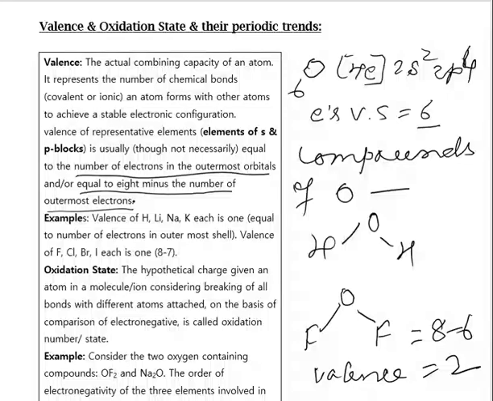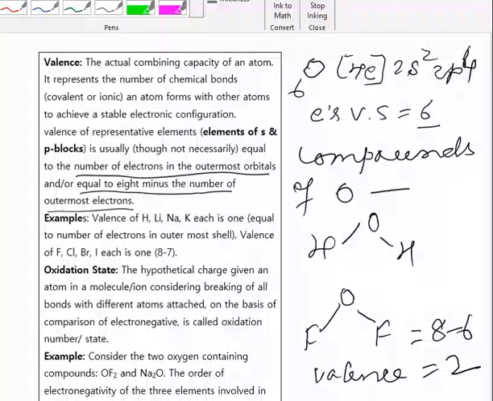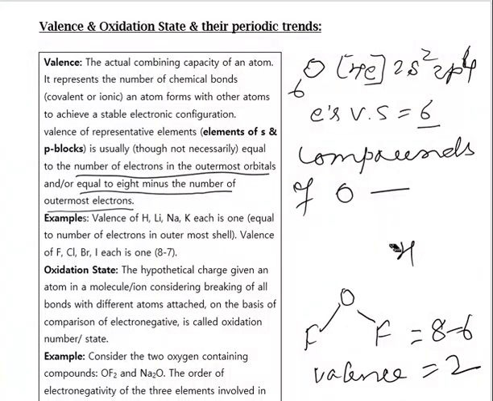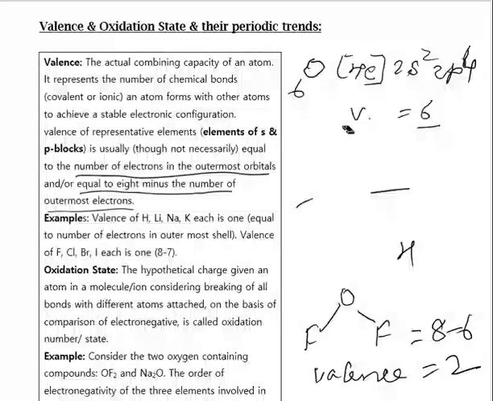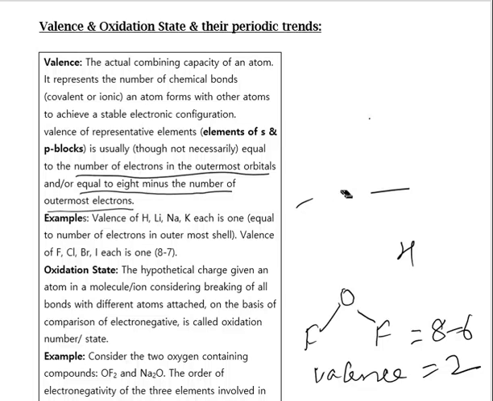Now I think every student must have understood what I have explained. Okay, so now come to the next point, the oxidation number. That was the example of valence.